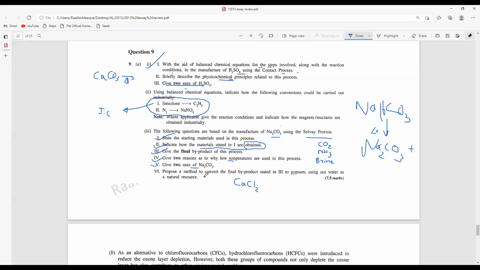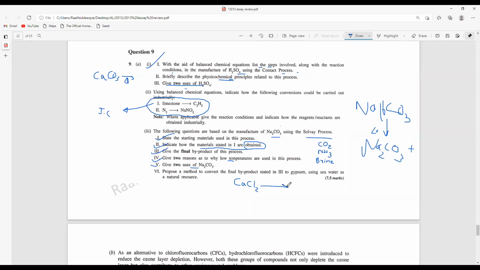You need to understand the process. Industrial chemistry, please don't learn by heart. Just try to understand what is happening. If you understand it that way, the reactions automatically come to your mind.